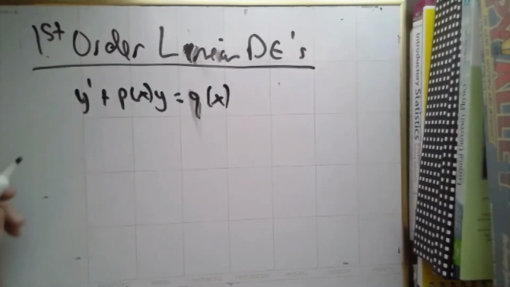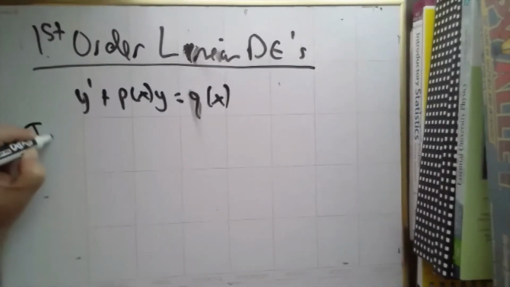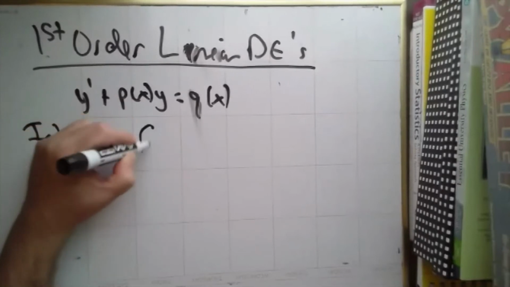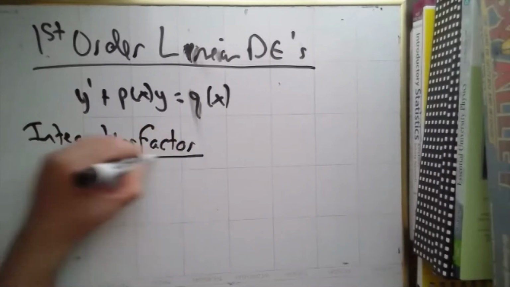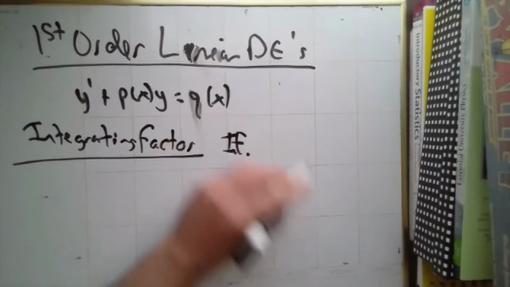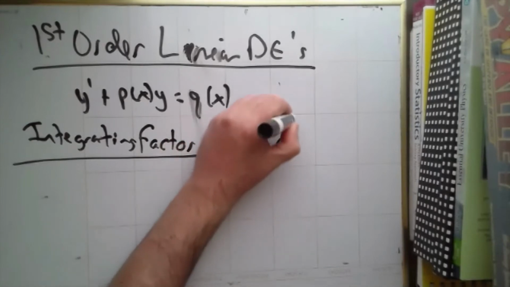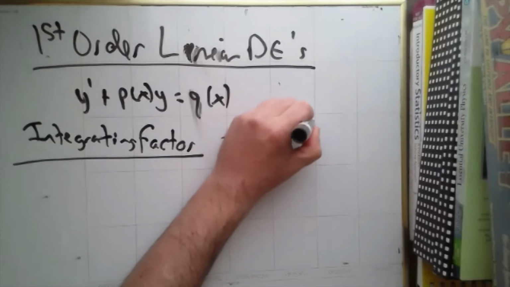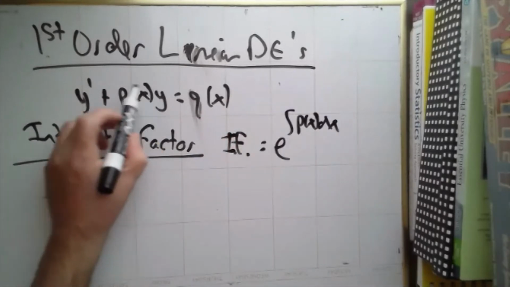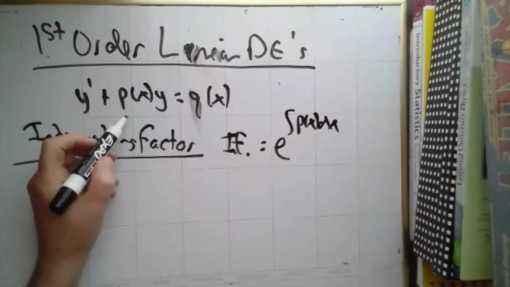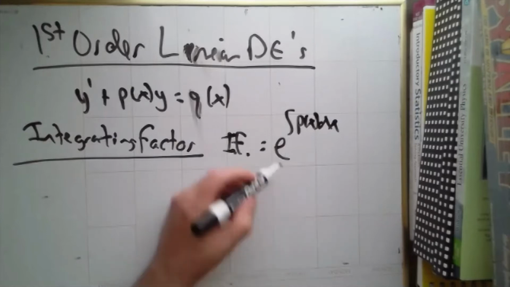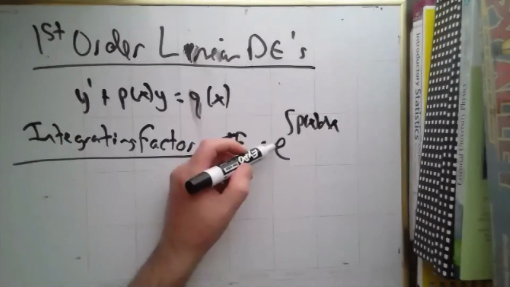Then what we do is we find what's called the integrating factor. Our integrating factor, IF, is e raised to the antiderivative of P of X dx. So we take this function of X, find its antiderivative, and make that thing, no matter how nasty it is, the exponent of e.